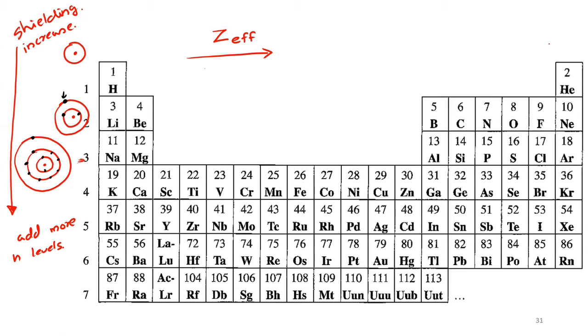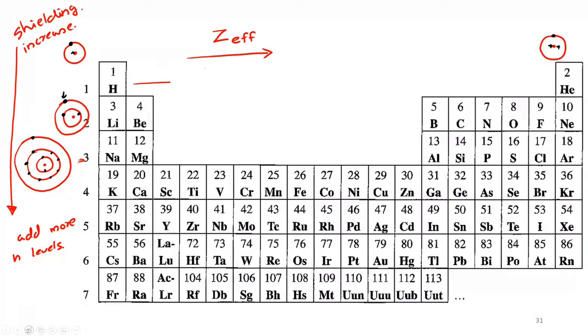In helium, I mentioned that they have the same N level, but you keep on increasing the number of electrons, and also at the same time, you increase the number of protons. What happens as you go from left to right?